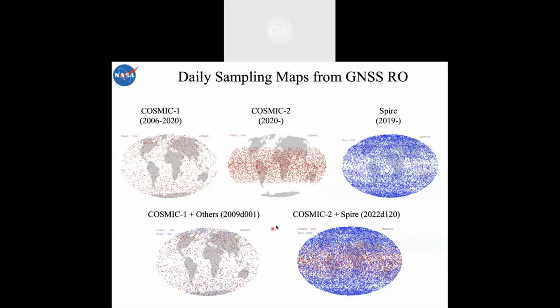Nowadays, with COSMIC-2, which is equatorial, low latitude, up to plus or minus 44 degrees latitude, Spire gives you the polar regions, but a little bit sparse at the equator. So combining the two gives very nice global coverage. I must say, you add this together, 17,000 per day plus 6,000, so that's 22,000 per day. This is the current constellation.